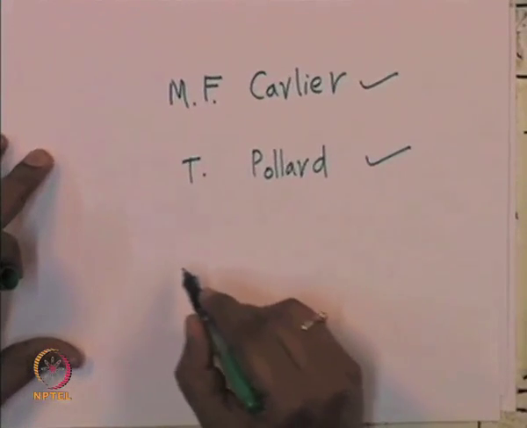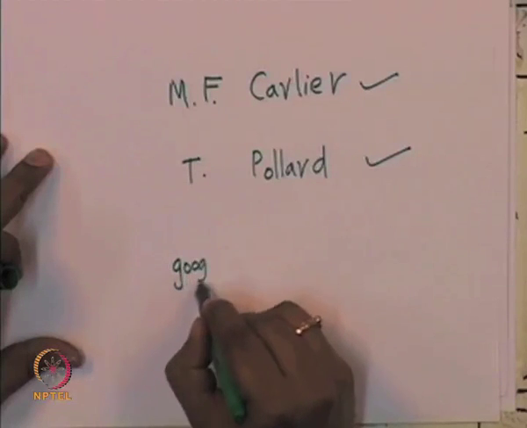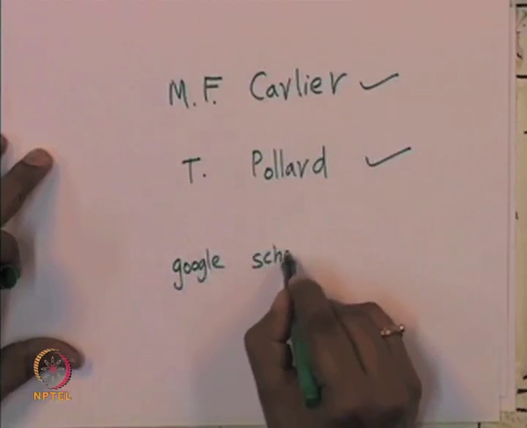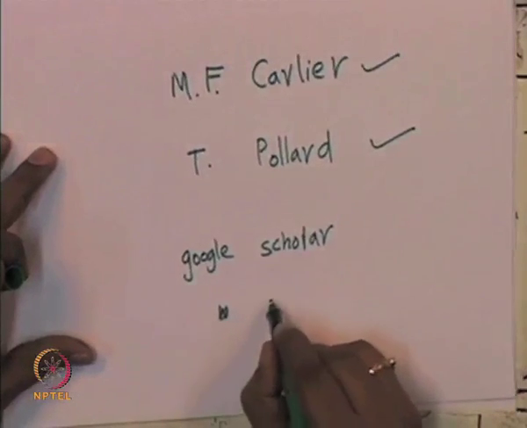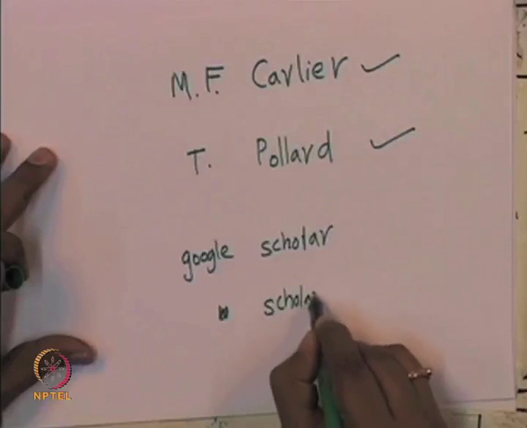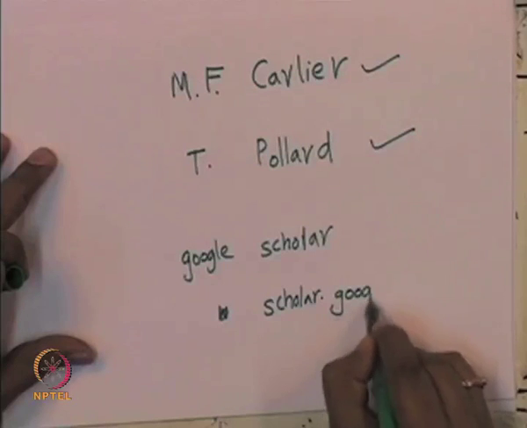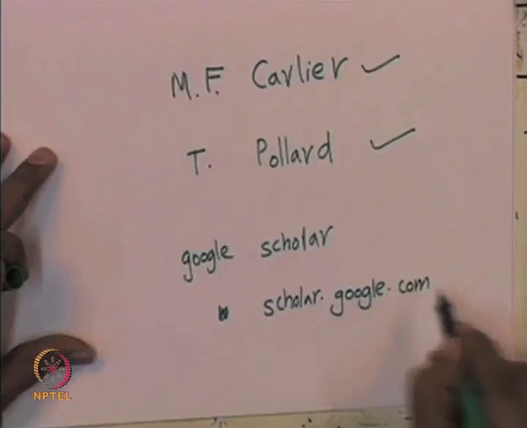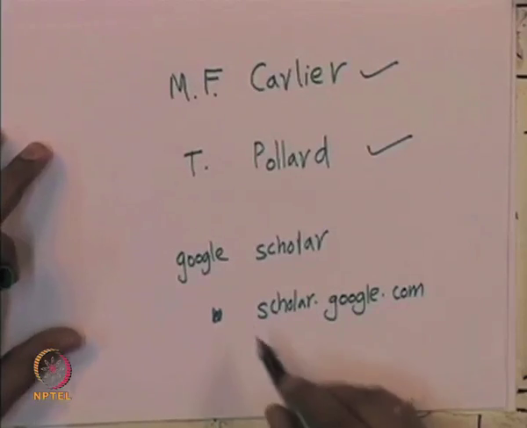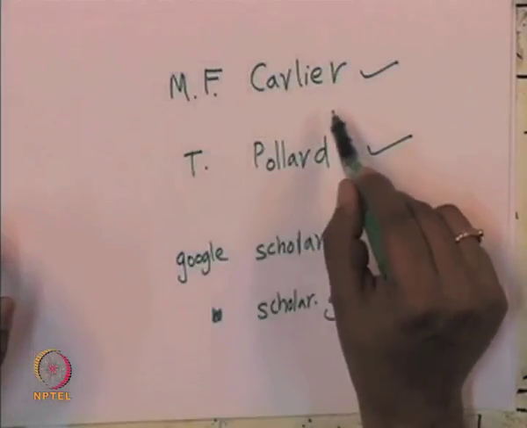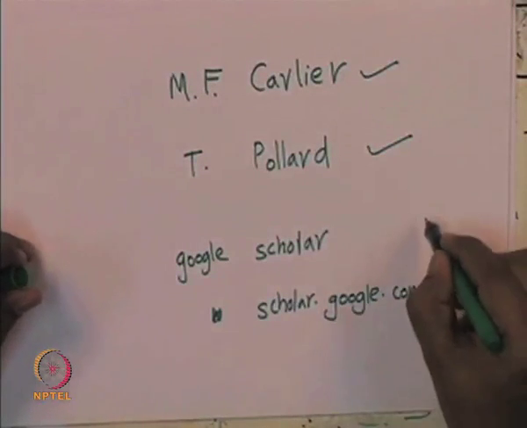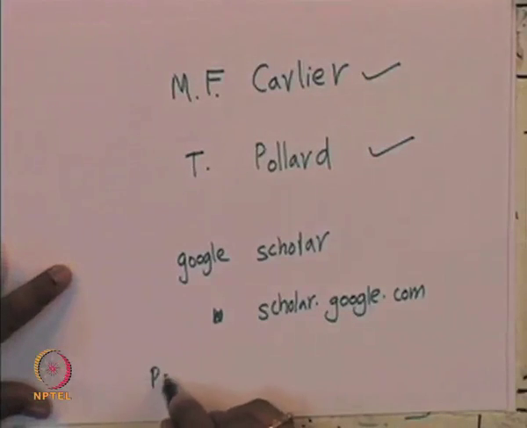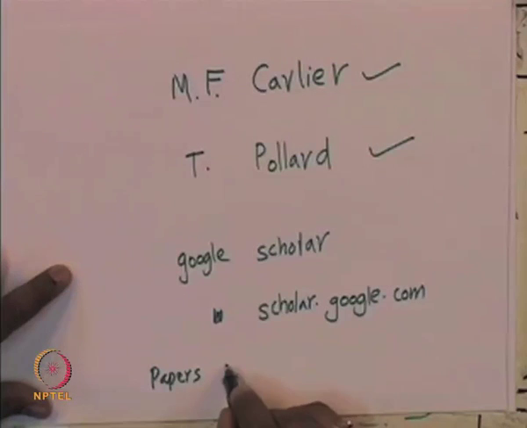So, go to Google Scholar, which is basically scholar.google.com. Then search for M.F. Collier or T. Pollard and look at the papers in 1980s, late 70s and 80s.